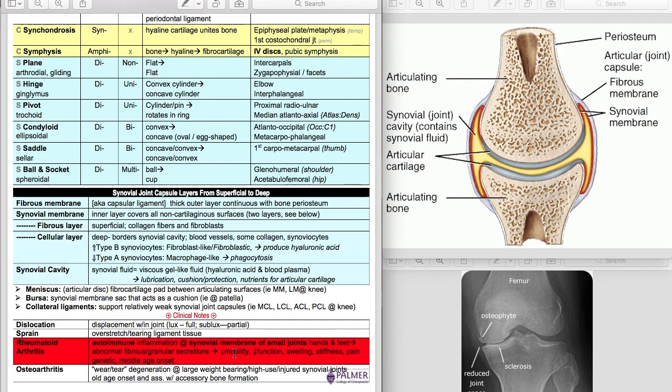So if you look at this diagram here on the right, you can see our layers again. We're talking about the inner synovial membrane, and it would mostly be in that cellular layer of the synovial membrane, but you need to at least be able to put this pathology in the synovial membrane of a synovial joint.